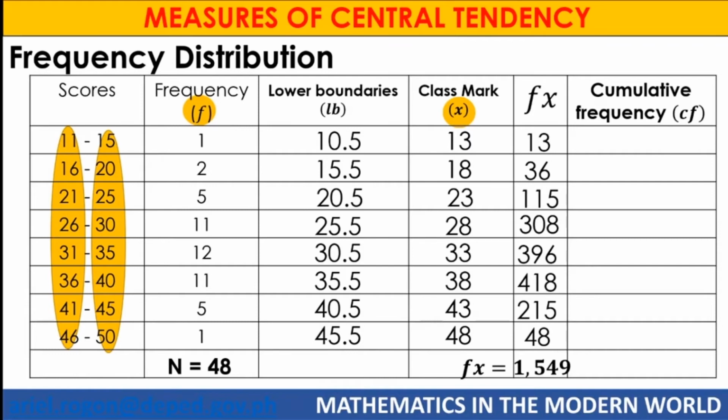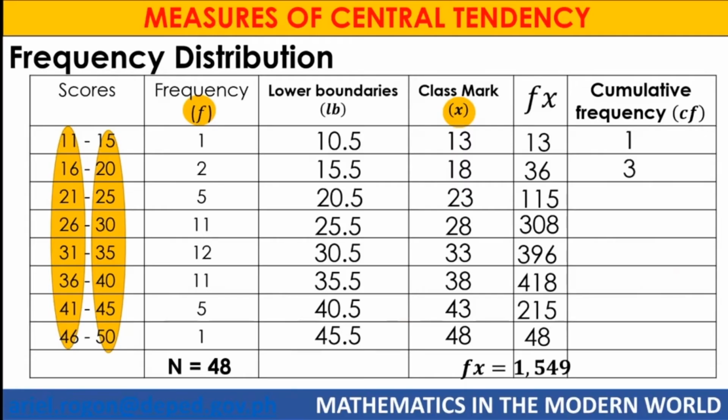So, the first column in the cumulative frequency is 1. So, next thing we're going to do is just to add the first cumulative frequency to the second frequency, which is the 2. So, 1 plus 2, that is equal to 3. So, the second column is 3.